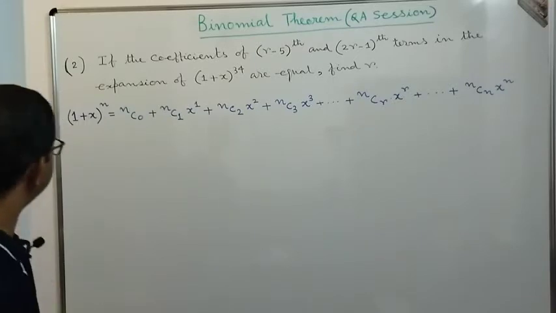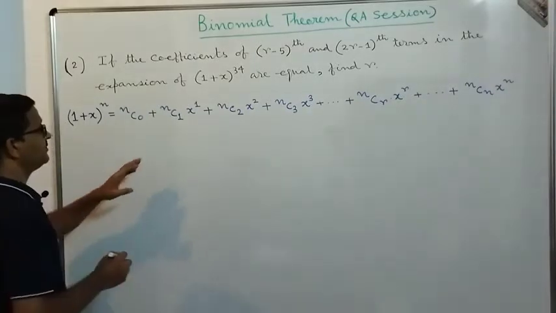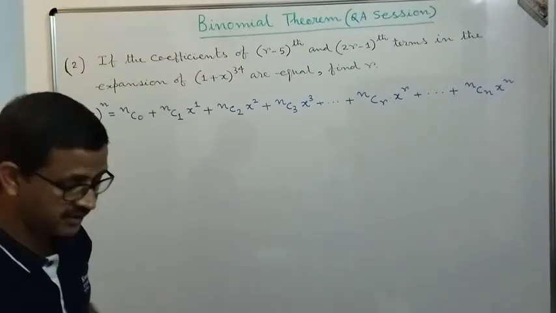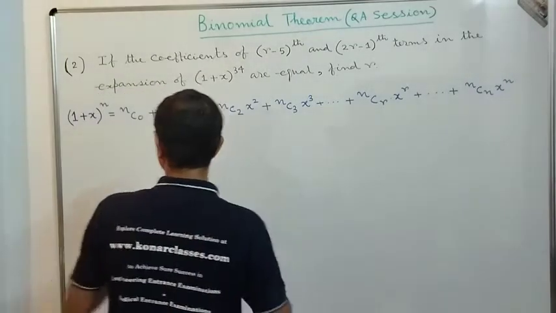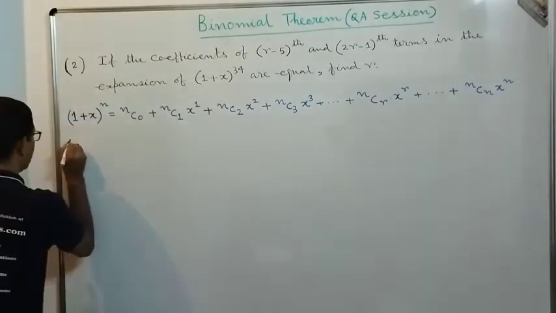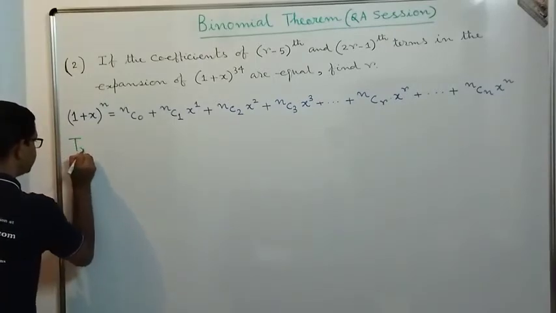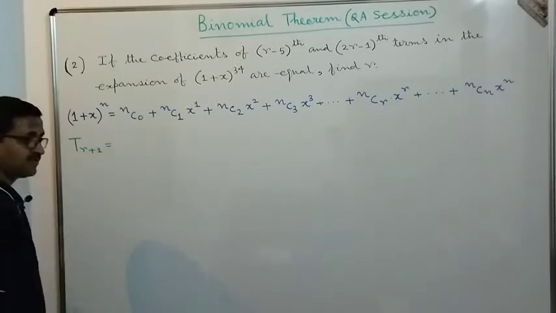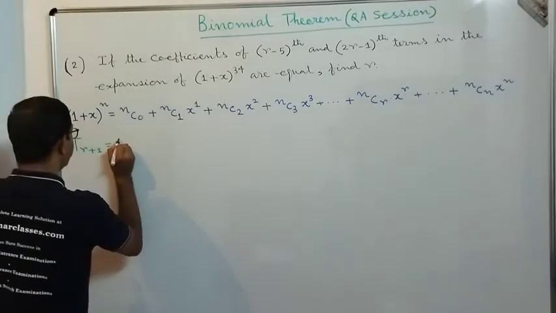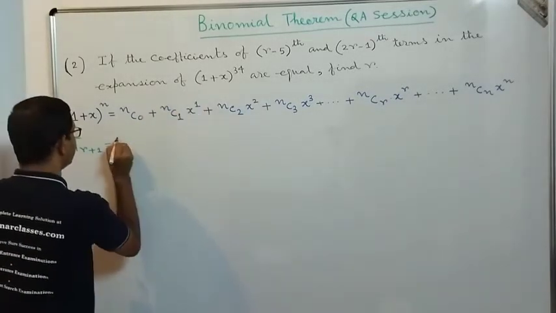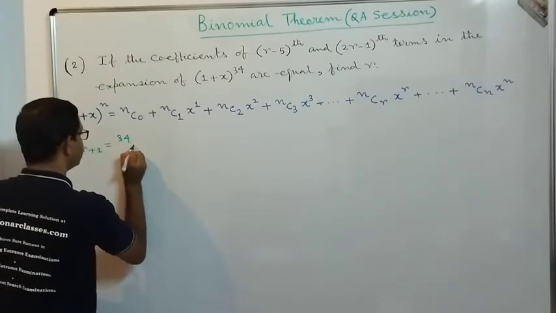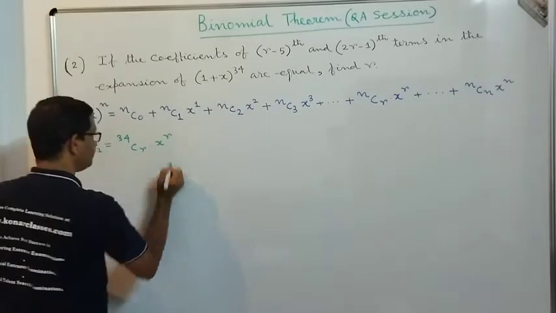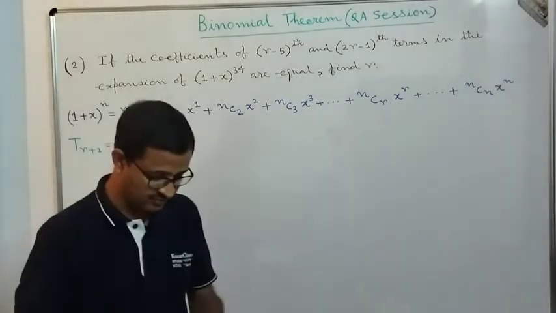What we are interested in is the r minus 5th term and the 2r minus 1th term. If you recall, dear students, generally we describe the general term as the r plus 1th term. So what is T(r plus 1)? That is equal to nCr. In our case, n is equal to 34, so that means 34Cr into x to the power r, correct? That is the r plus 1th term.